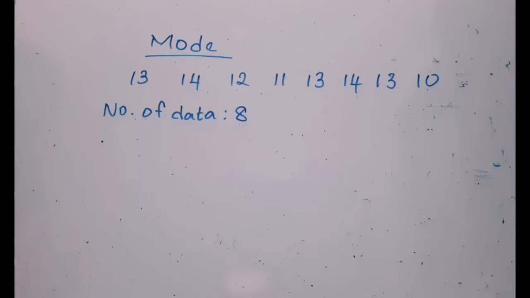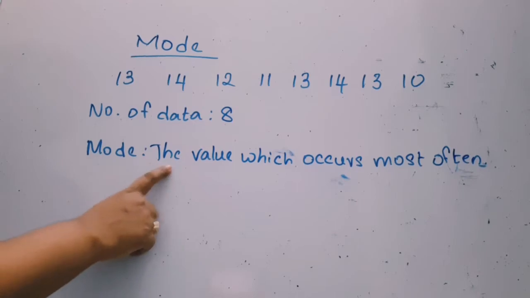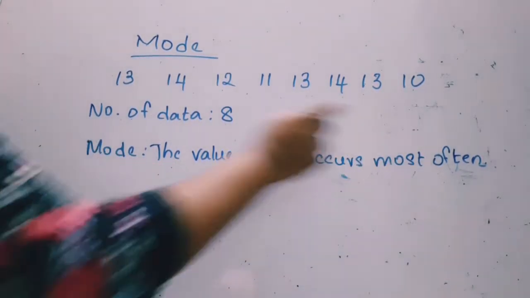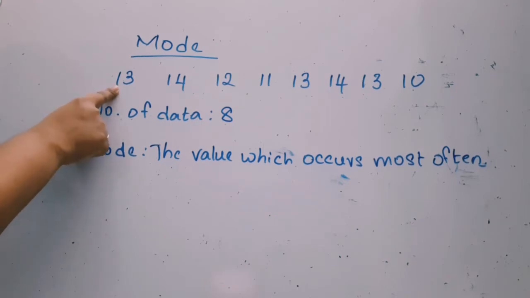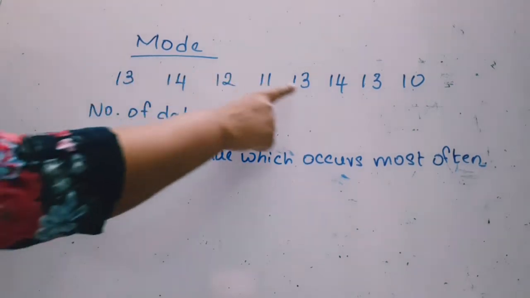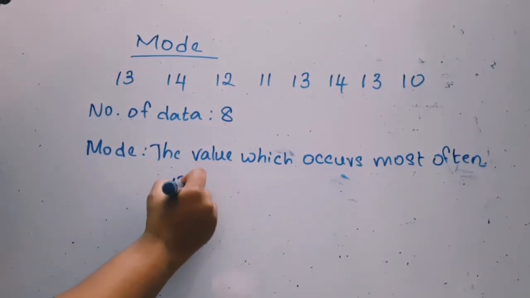The number which occurs most often, that means which comes the higher number of times, is known as the mode. So the mode is the value which occurs most often. So here in this case the mode of the collection of data is going to be 13.